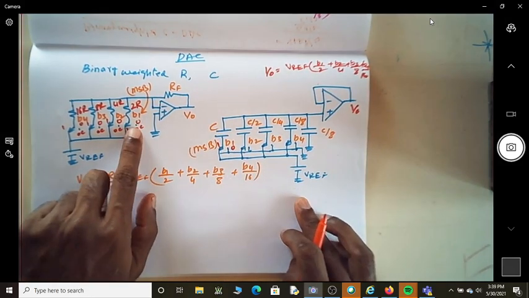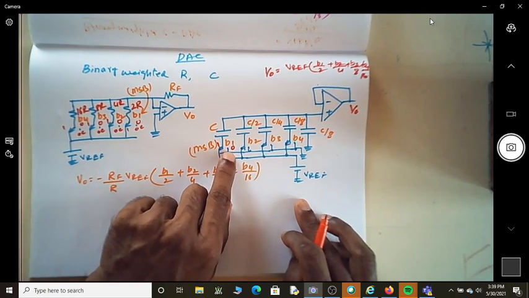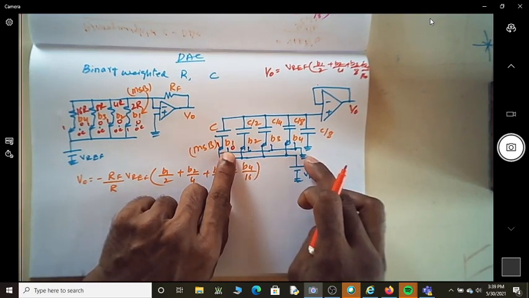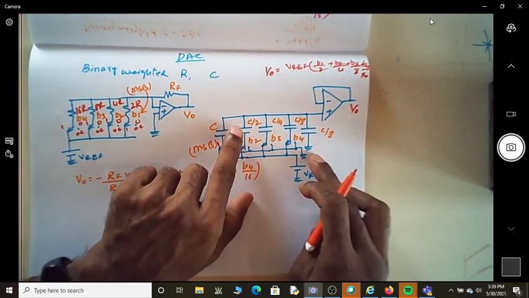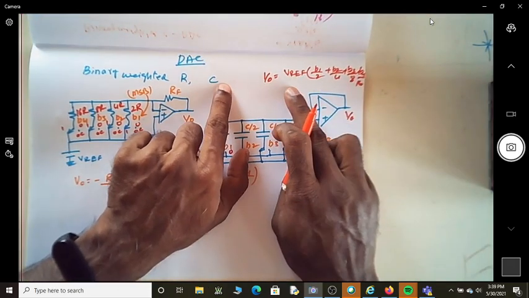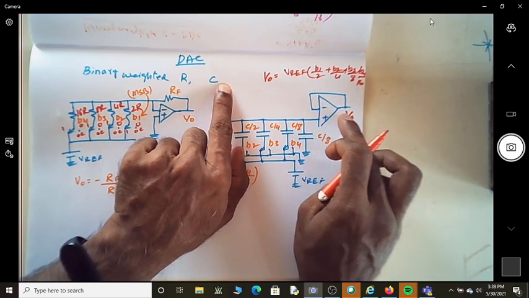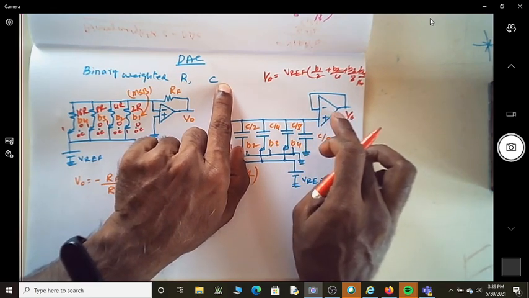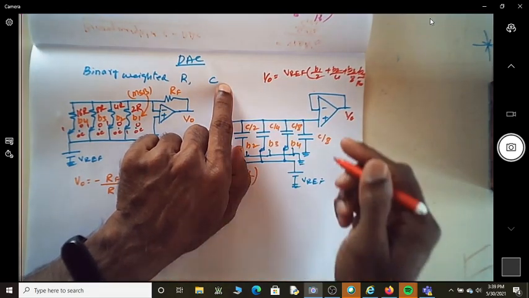Whereas in the case of binary R, if it was bit 0, it was going to open circuit, but here when the bit is 0, we are actually grounding this particular switch. So the output expression is given by V reference, because we have a unity gain amplifier, that is a voltage follower. So that's why we have no gain for this particular circuit.